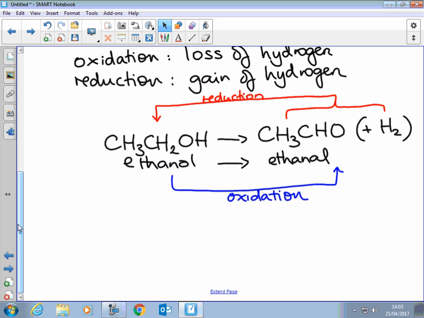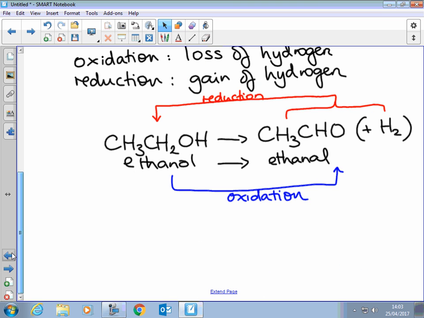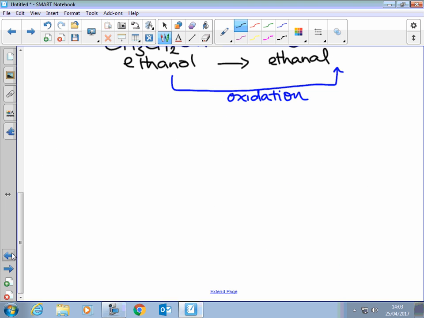The electron definition is the important one. Can I fit it all on here? Yes, I think I can. So this is the one that this learning outcome is really about. So yes, electrons, or electron transfer, if you like.